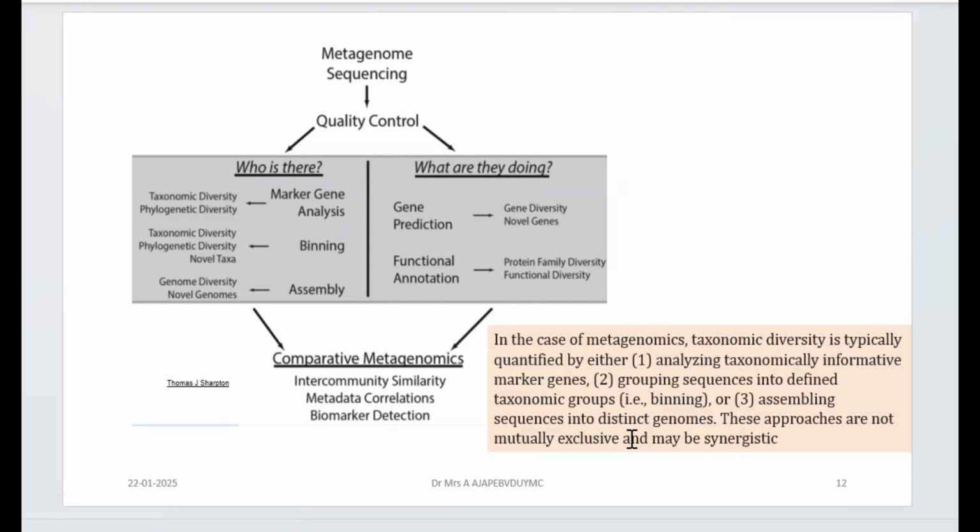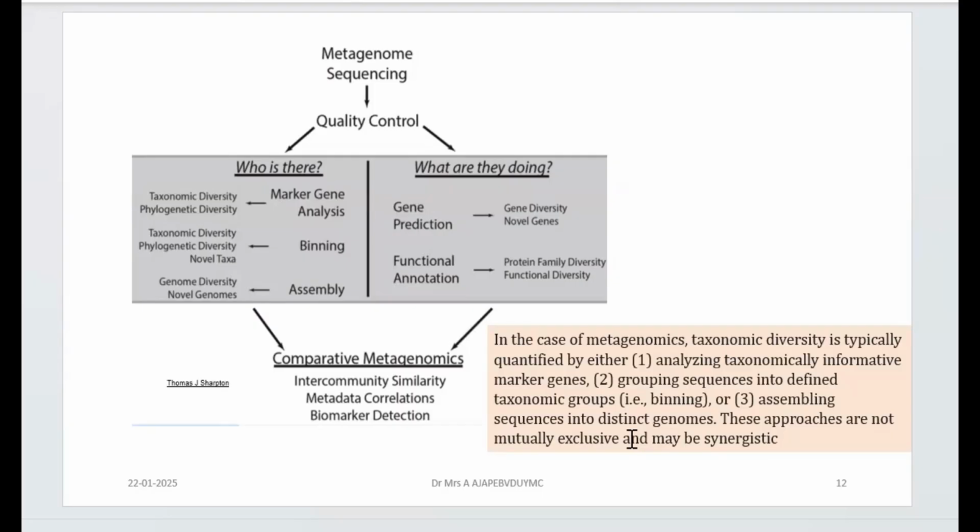In case of metagenomics, taxonomic diversity is quantified, and you are going to have these three things: analyzing taxonomically informative marker genes, which specific marker gene will tell us about the functionality, then grouping sequences into defined taxonomic groups, and then assembling sequences into distinct genomes.